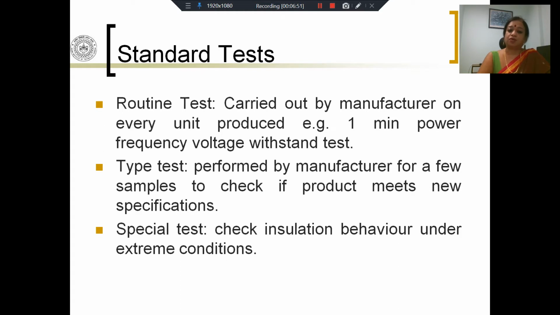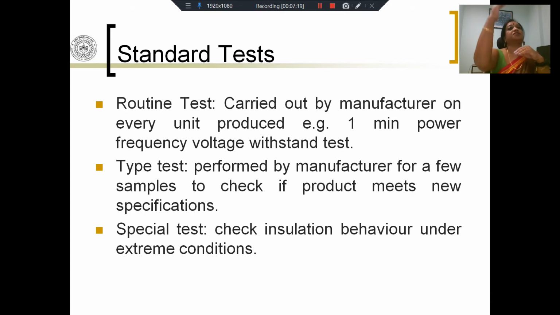Routine tests are those which are carried out by the manufacturer on every unit produced. So you can well imagine that it must be a non-destructive test. An example of a routine test is a 1-minute power frequency voltage withstand test. So you have an insulation level for which your equipment has been designed, and this is the power frequency voltage. We also know that there will be some safety margin, some protective margin.